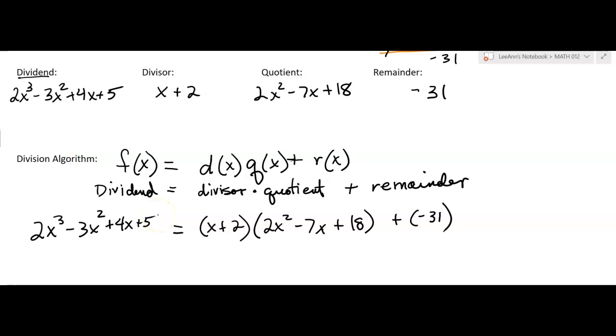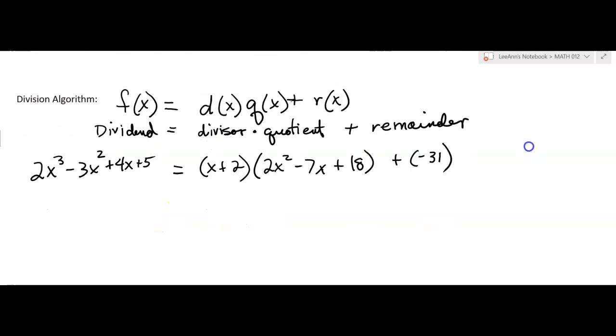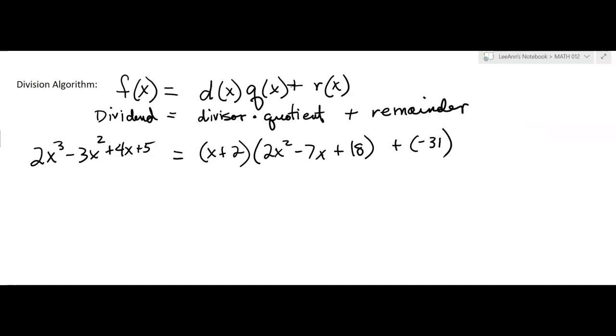Now, I wasn't going to do this for you, but let's go ahead and do it. Just make this video a little longer. Okay, so let's make sure it's right. So I multiply. I get 2x cubed minus 7x squared.